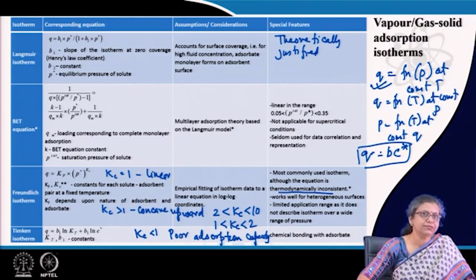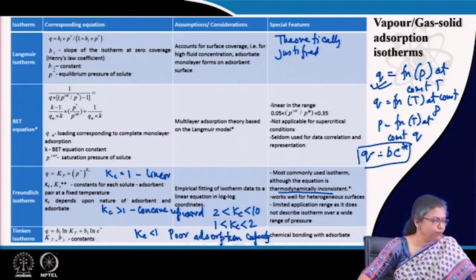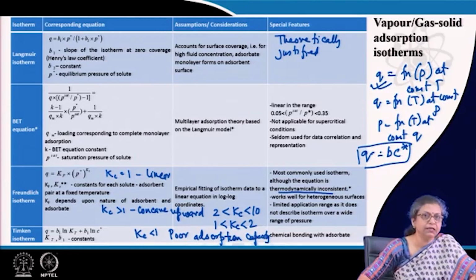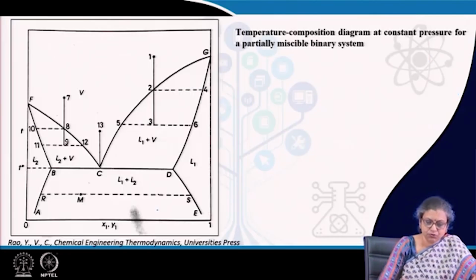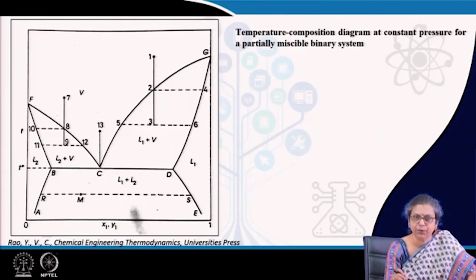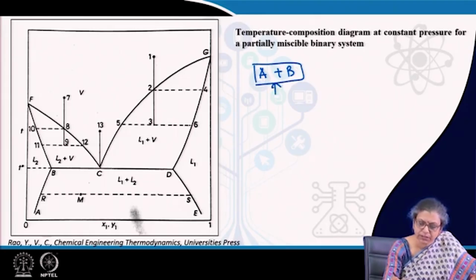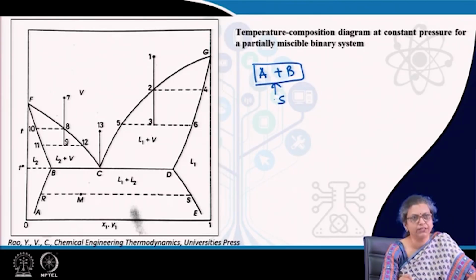In liquid extraction, what do we have? For liquid extraction cases, we introduce one particular liquid into another liquid mixture. Say we have a mixture of A plus B. In this liquid mixture, say we add some particular solvent S. What do we expect?